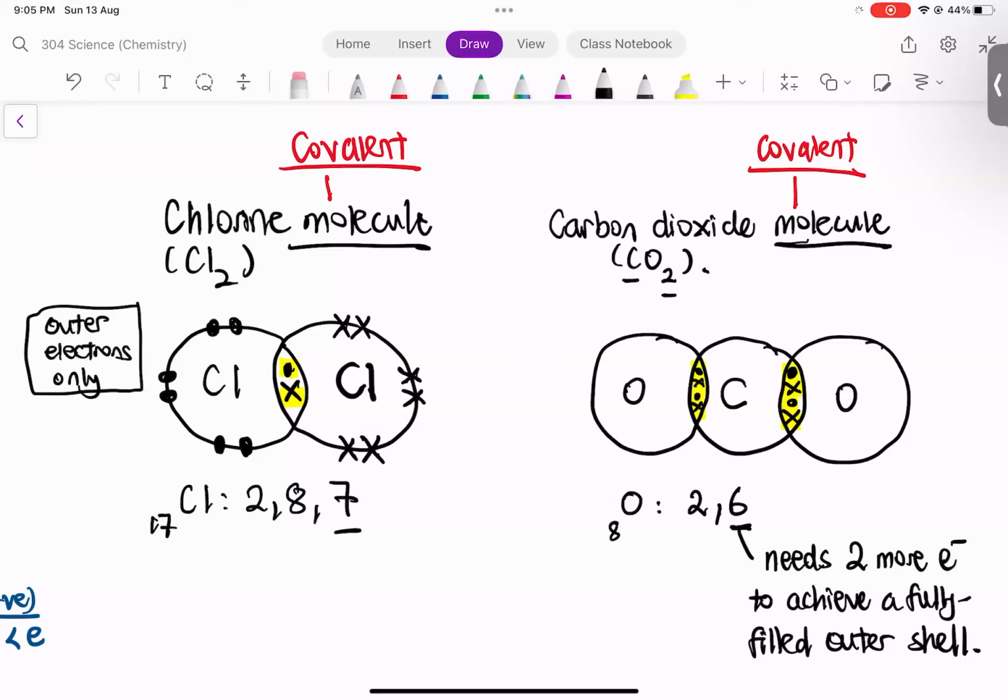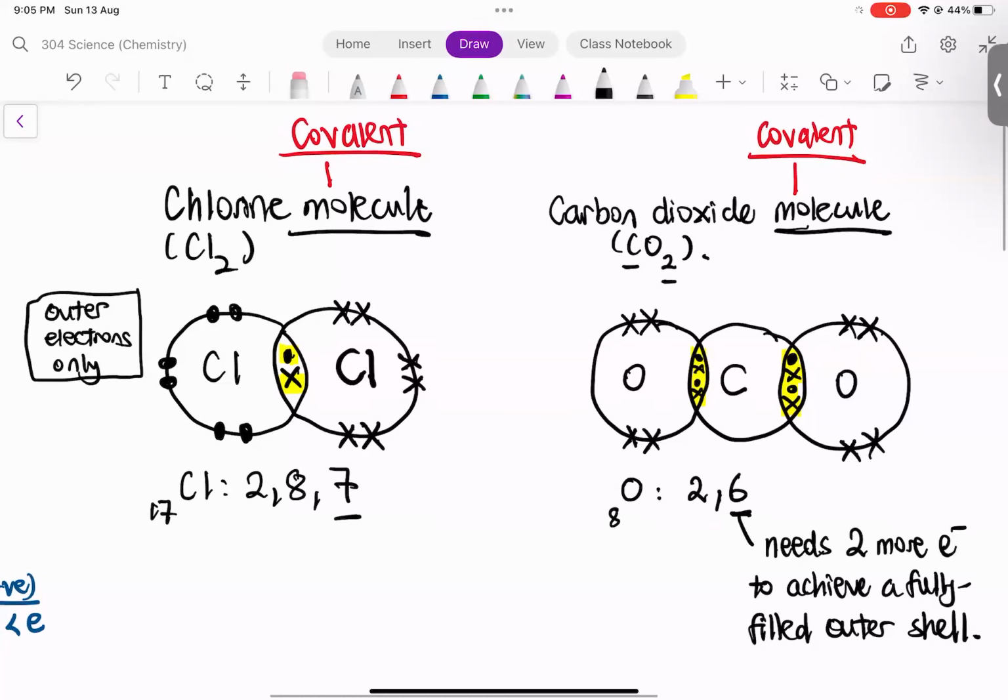After you have established that it shares 2 electrons, you need to fill up the valence shell. Ensure that the valence shell has 8 electrons in total, including the shared electrons. Okay, and that gives you this dot and cross diagram for CO2.